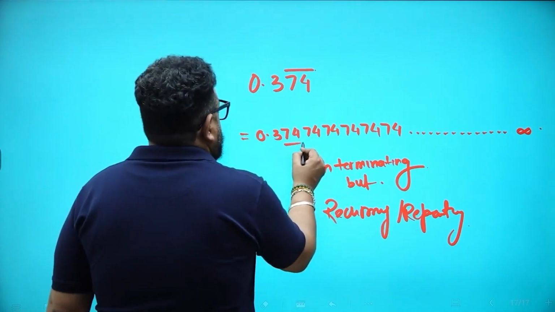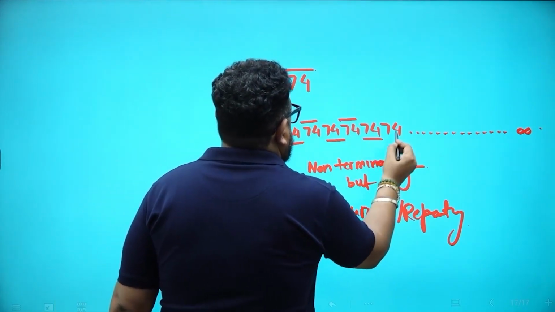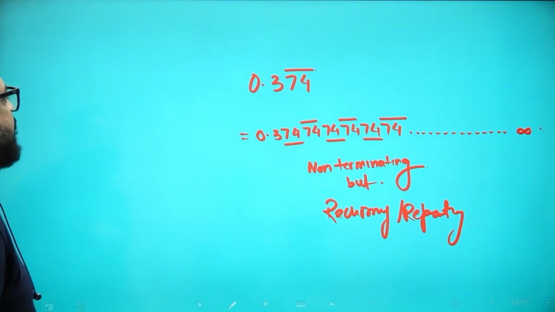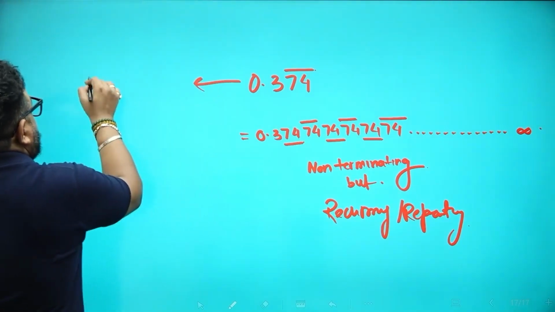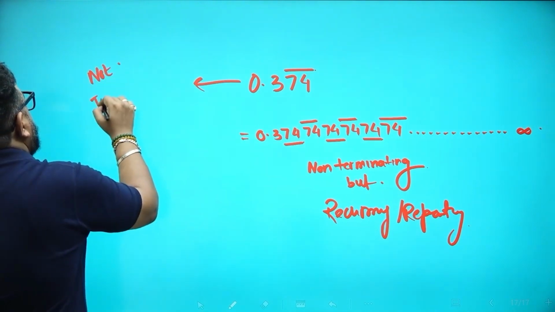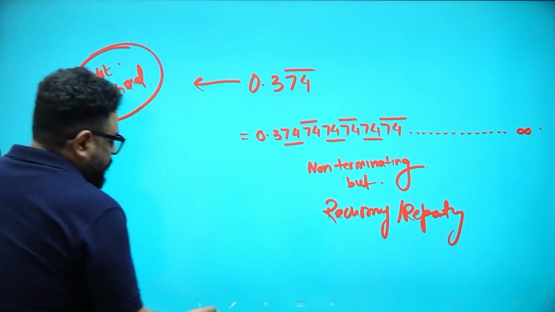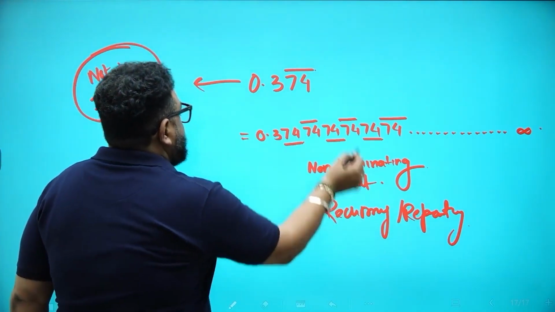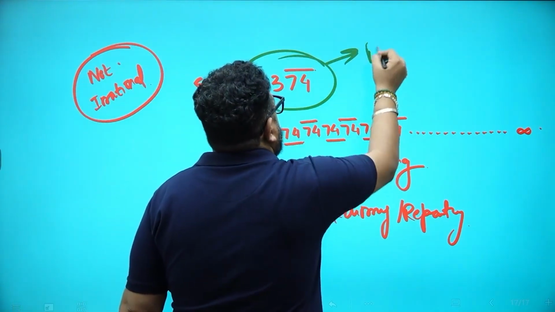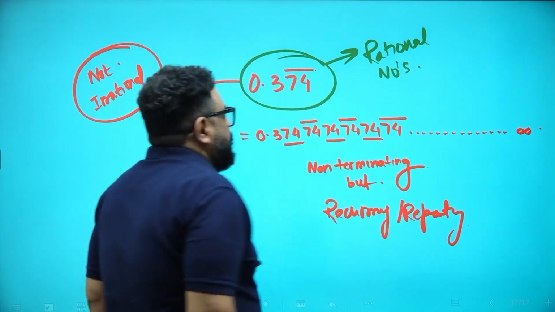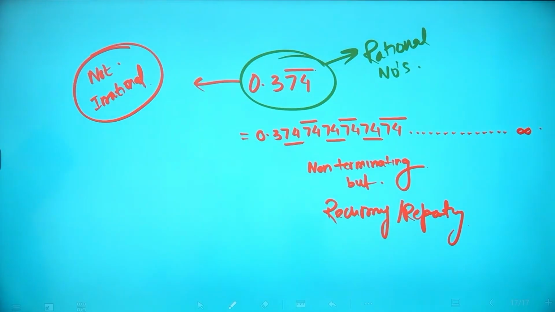So this is non-terminating but recurring. So I would say this is not irrational. So if it is not irrational, what would this number be? From today onwards, keep in mind numbers with a bar are always rational numbers.